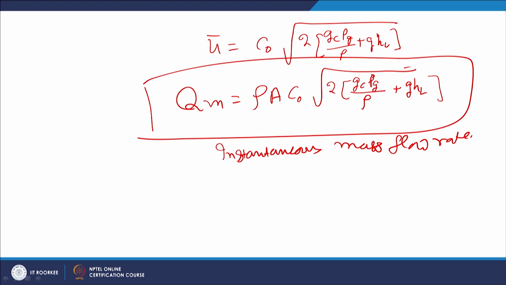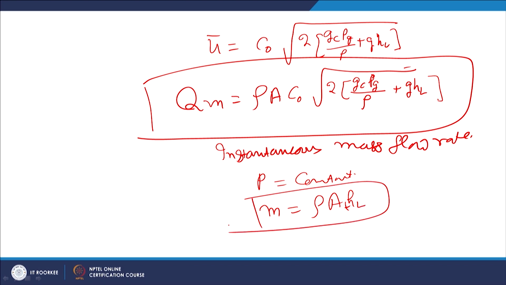Now, if the vessel was filled with an inert gas to prevent the explosion, or was vented to the atmosphere, then the gauge pressure Pg on the surface of the liquid is constant. So for a tank of constant cross-sectional area AT, the total mass of liquid in the tank above the leak is M is equal to rho AT HL.